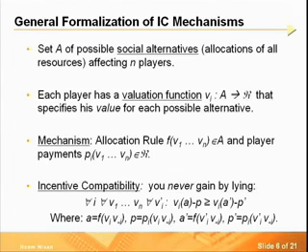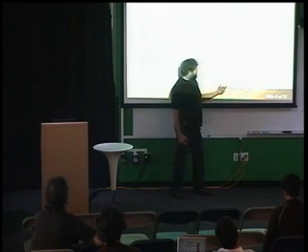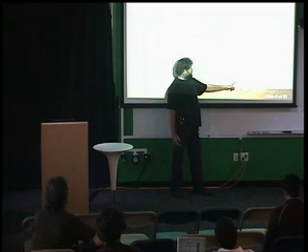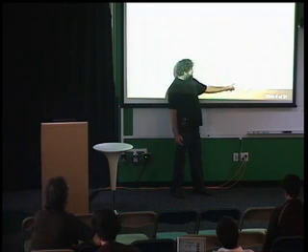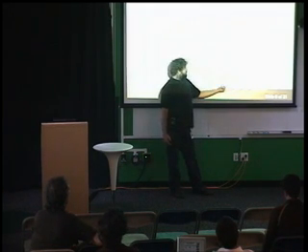And I'm going to compare this to what happens if I lie, if I act according to some other valuation. The other players are still going to say what they're saying. The outcome will be some kind of allocation A prime and some kind of price P prime.